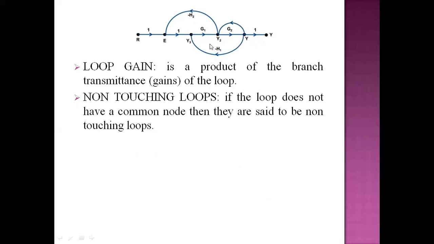Multiplying all the gains G1, G2, and minus H1 gives the loop gain. Here in this problem, is there a non-touching loop or not? There are three loops in this problem, but there is no common node among the three loops. Wait, they do not share... so this example doesn't have any non-touching loops.